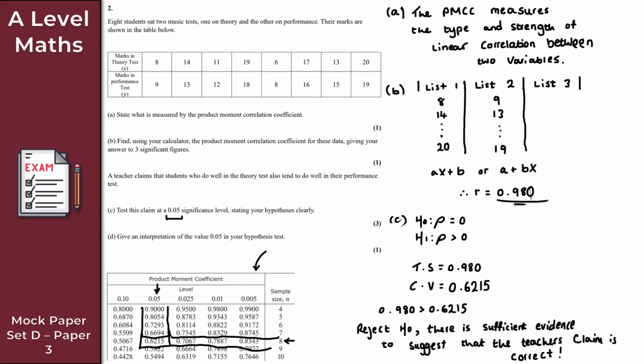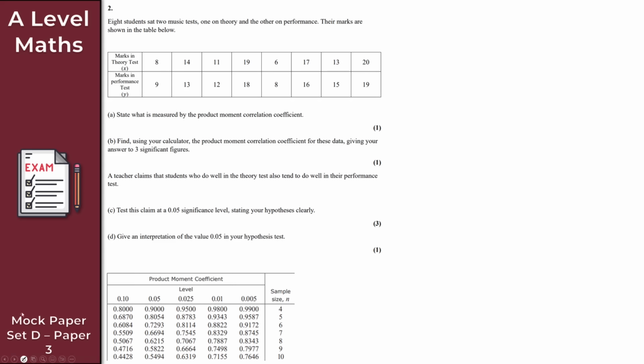All I want you to understand here then, for part D, and I will just quickly clear the screen. So for part D then, all we say here is there is a probability of this level, so 0.05, that the null hypothesis is true. So there is a probability of 0.05.